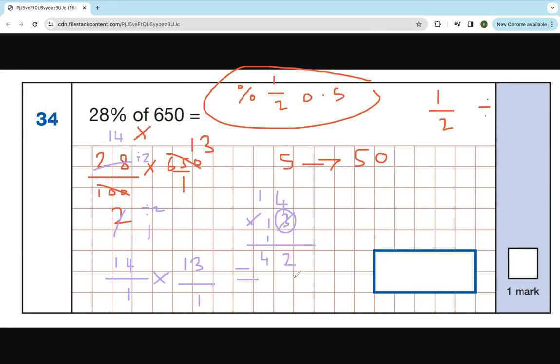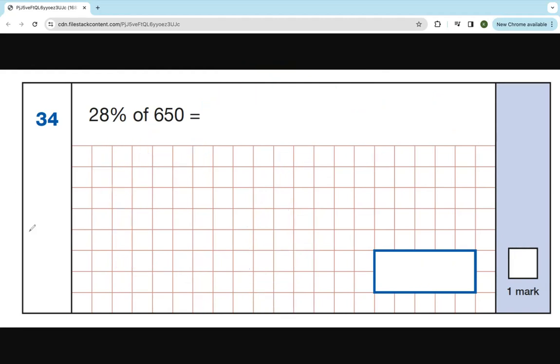And then I'm finished with that, so I move to my next column. 4 1s are 4. And 1 1 is 1. Let's add it together, and that's 182.